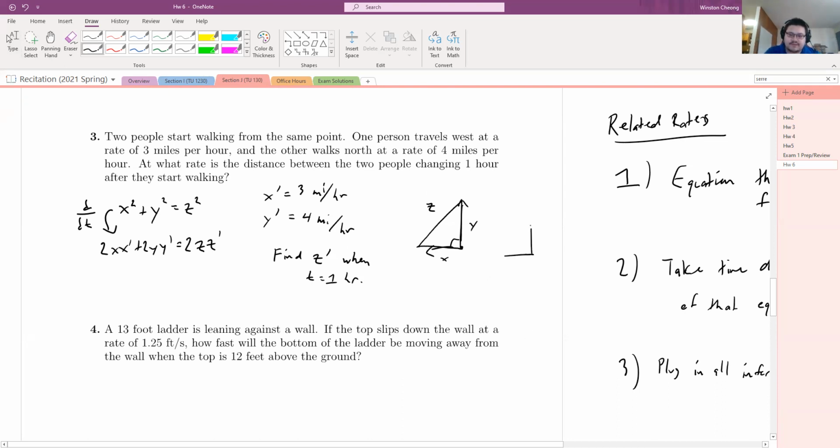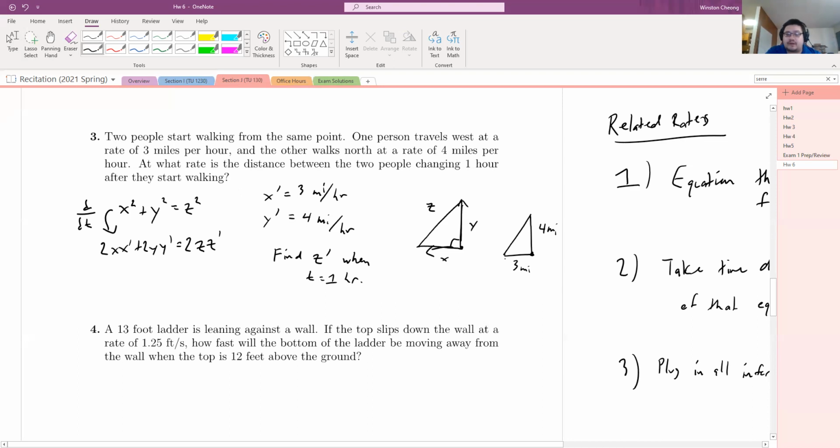In the static picture, the numbers are really easy. You start at this point and travel 3 miles per hour for 1 hour, so you're 3 miles away from the starting point, and the other guy is 4 miles away.